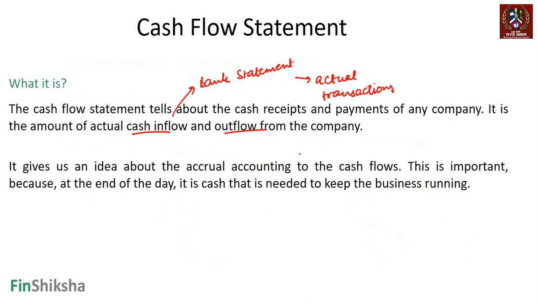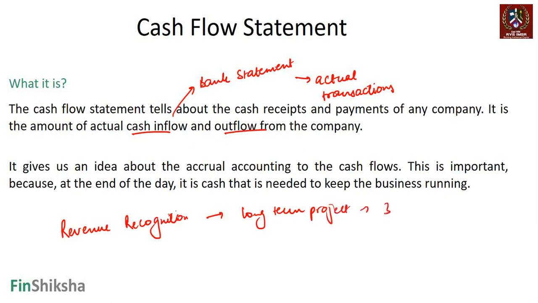Remember in our discussion on P&L, we had said that there is a scenario of revenue recognition. Revenue recognition can happen for, let's say, a long-term project. So if there's a long-term project that is for a period like 3 years, then how much do you book in the first year, right? In that case, there is some sort of an opinion that comes into picture.